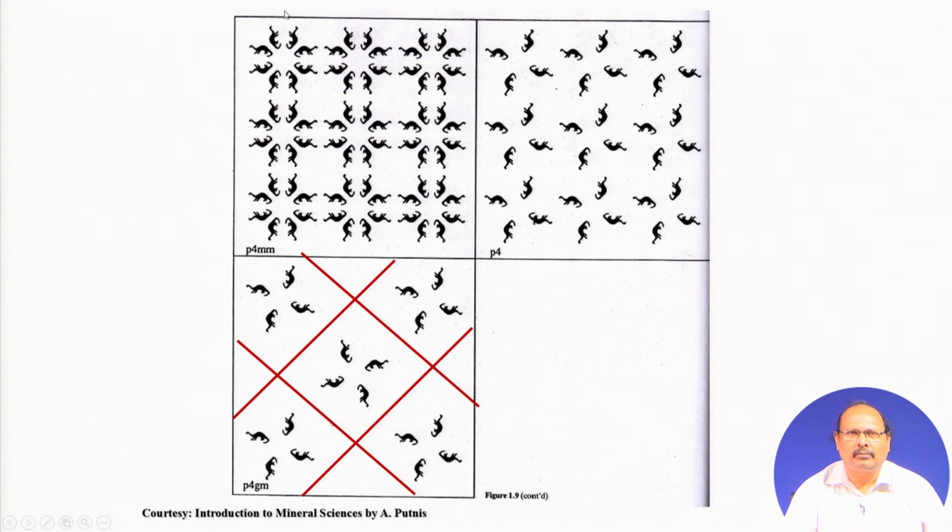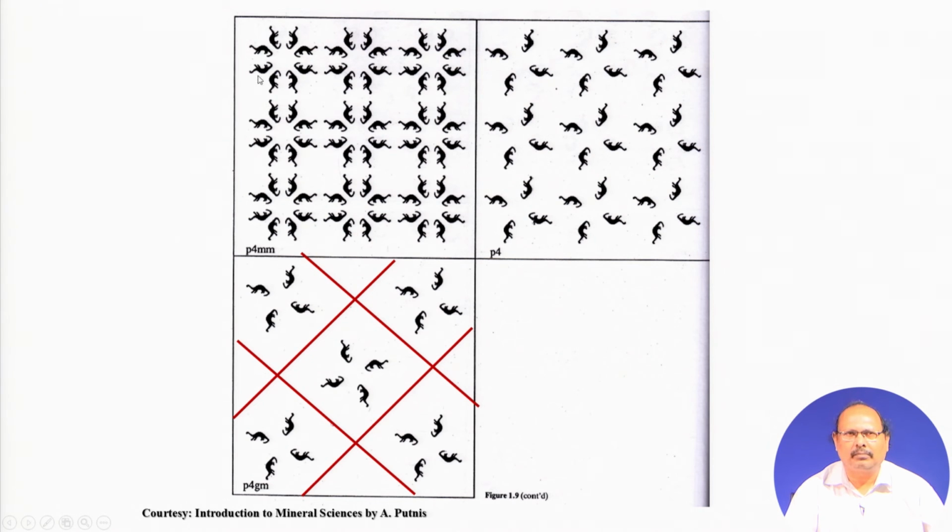But if we talk about the 2 sets of mirror planes, in each set they are 2 in number and in each set the angle is 90 degrees. That means this set of mirror planes and this set of mirror planes are in orthogonal orientation, which you already have studied in 4 mm. Now, you see here that you have a 4-fold axis of symmetry.